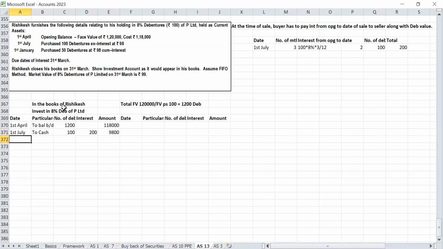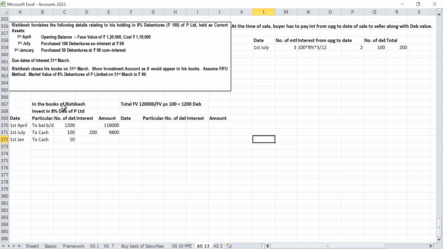For simple understanding purpose, on 1st January, purchased 50 debentures at 98 cum interest, so cash. How many debentures? 50 debentures. 98 you cannot multiply here, because it is including interest.